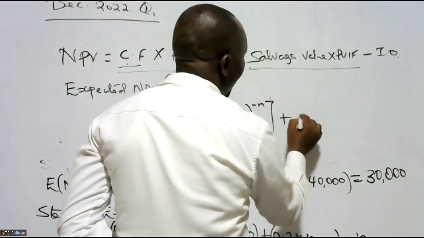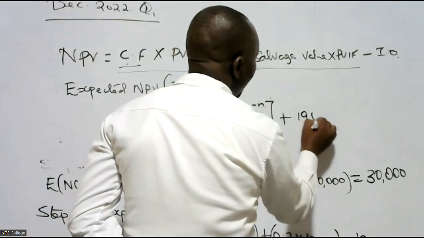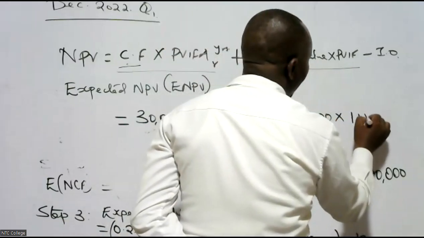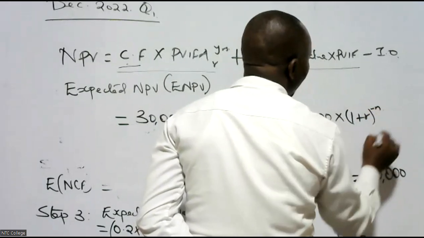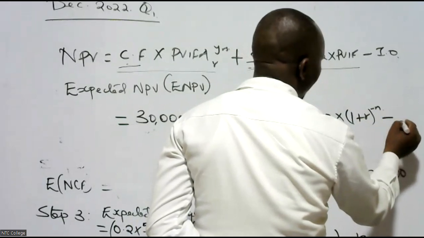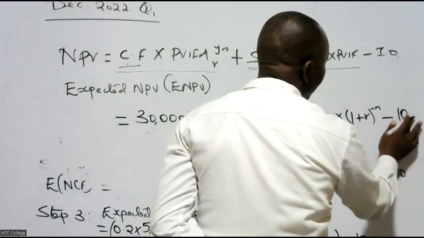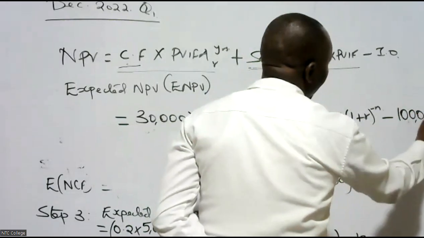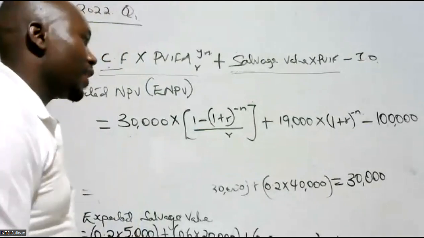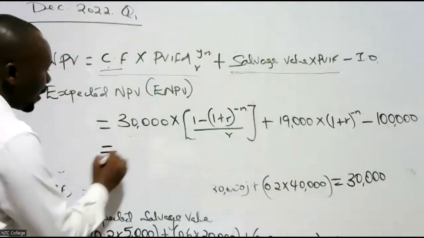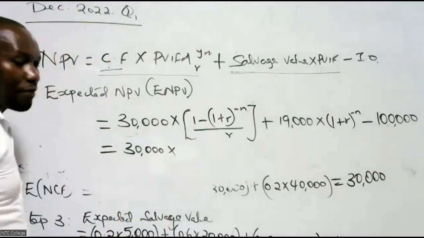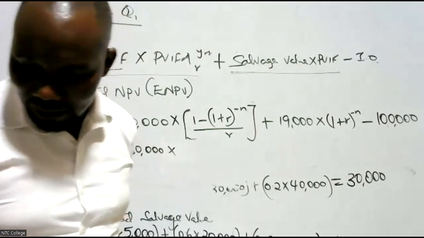Plus the salvage value, now we got it, 19,000 times PV, which is (1 plus R) to the negative N, minus IO, which we have seen. IO is 100,000. So we are having our 30,000. Get me the PVFA figure.